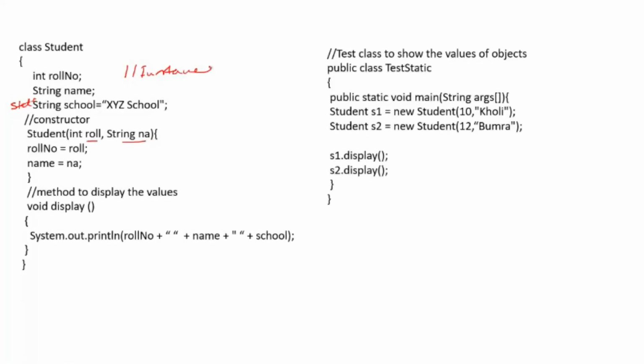When we define a variable without the static keyword, that variable is called an instance variable. When defined with the static keyword, like static string school, this variable is called a class variable, because it directly belongs to the class. It is also called a global variable.